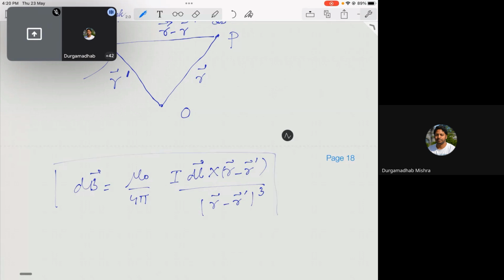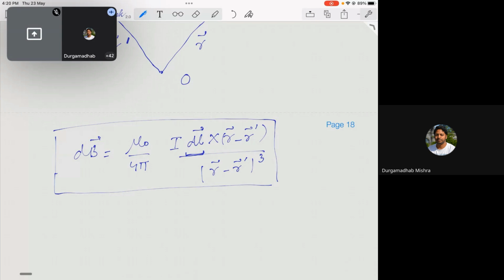You can use this to calculate the magnetic field produced by this current-carrying element dl at point P. In order to calculate the total field, you have to integrate this over the entire length of the wire.